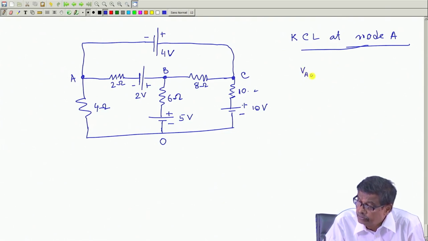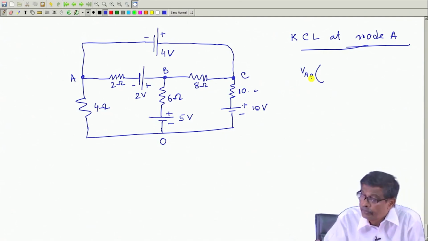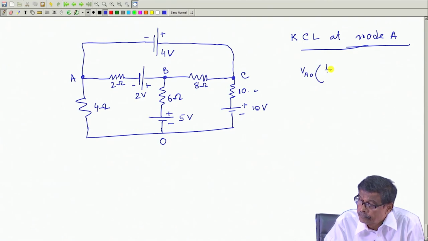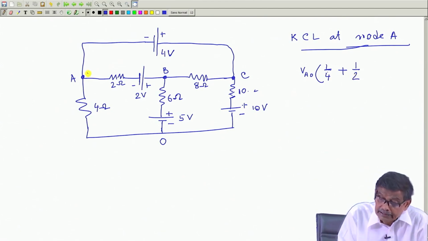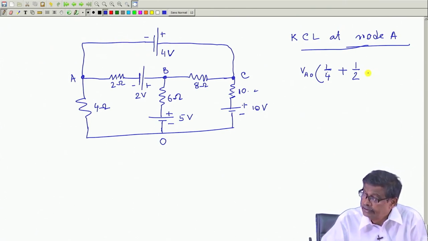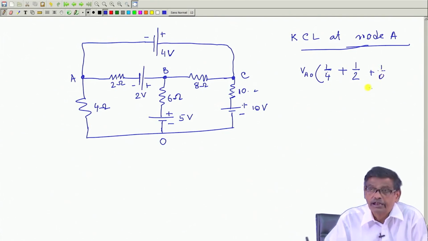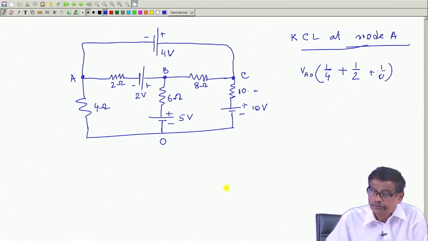The coefficient of V A 0 will be the sum of reciprocals of all the resistances connected to A, that is 1 by 4 plus 1 by 2, and in this branch there is an ideal battery. So, the resistance here is 0, that is it should be 1 by 0. It looks like this, the way I told you, and this should be the coefficient of V A 0.